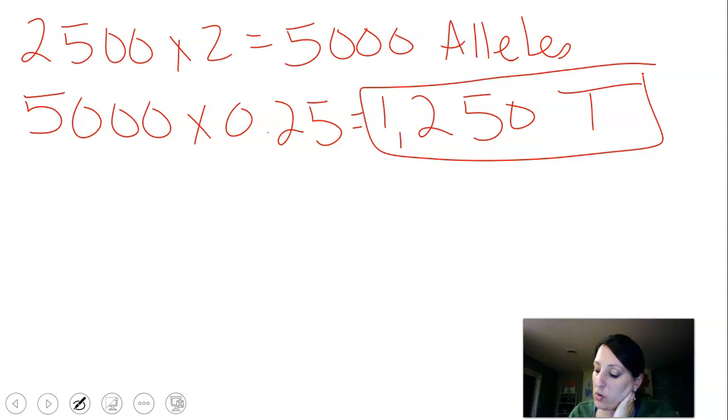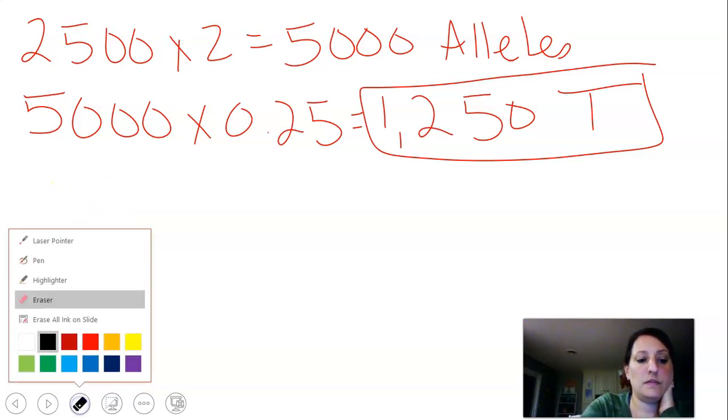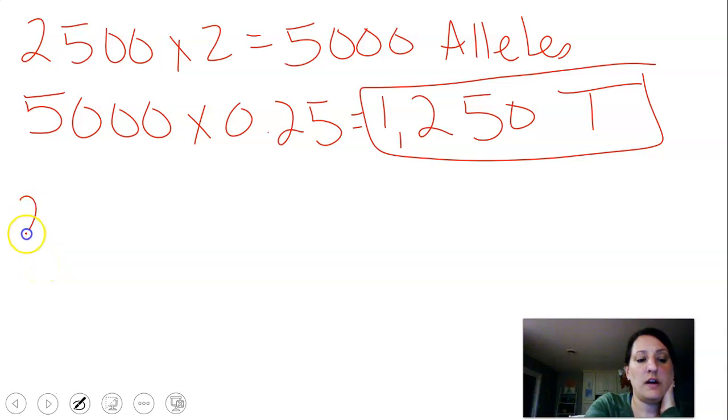Now the question now is, how many alleles are left in the population? So we got rid of all the short people, and from part B of this question, we knew that was 1,406 people. Hold on a second. Let me get my eraser. So we started off with 2,500 people.